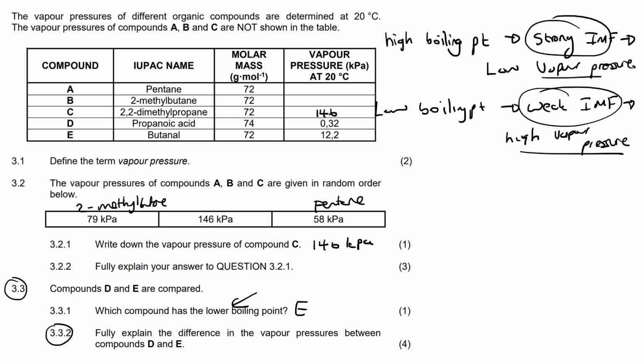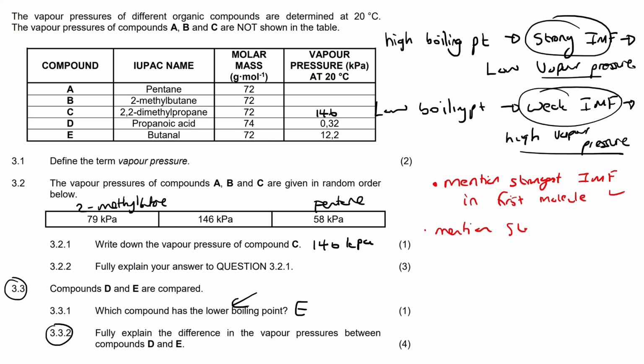Okay, so the way we're actually going to answer this is the following. Because it's one of these 4-mark questions, we're going to do the following layout. We're going to mention the strongest intermolecular force in the first molecule, whether you want to do propanoic acid or butanol first, it doesn't matter. That'll get you 1 mark.